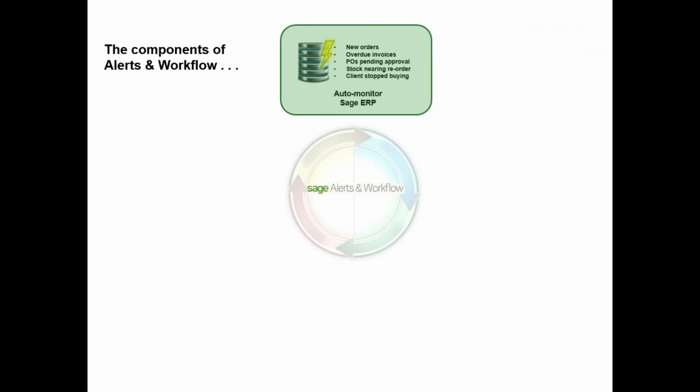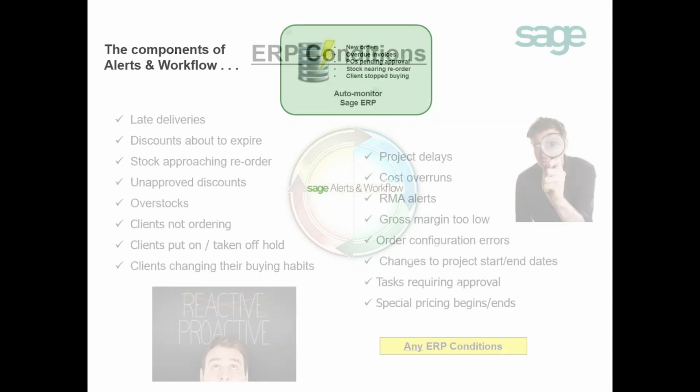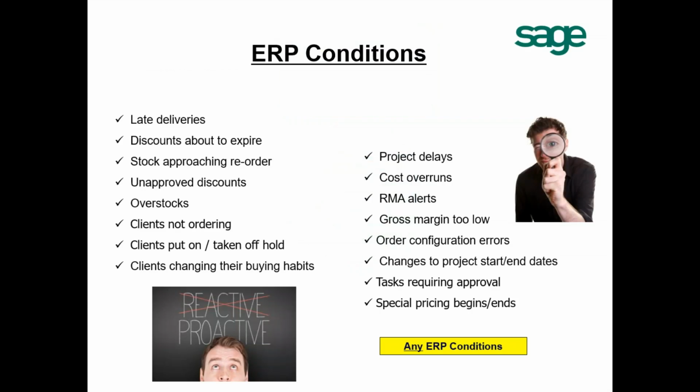But let me actually go down a layer deeper into the Alerts and Workflow technology and talk about everything that it can do for an organization. Alerts and Workflow begins by monitoring Sage 100 for any business conditions that are important to you.